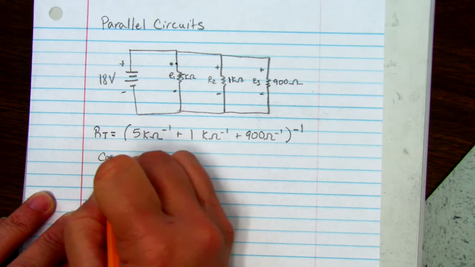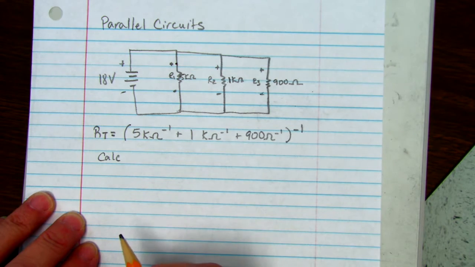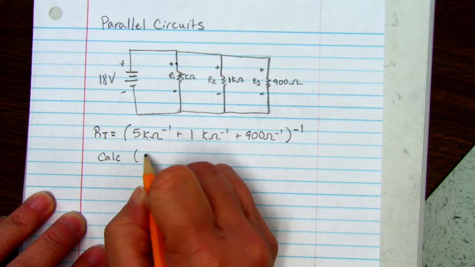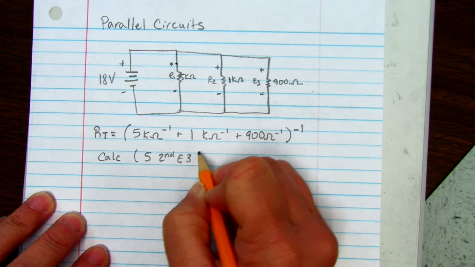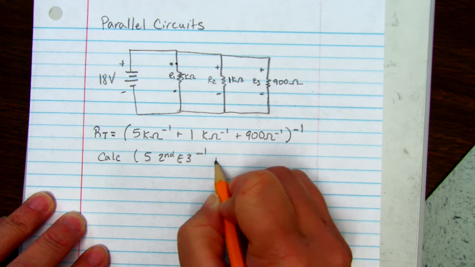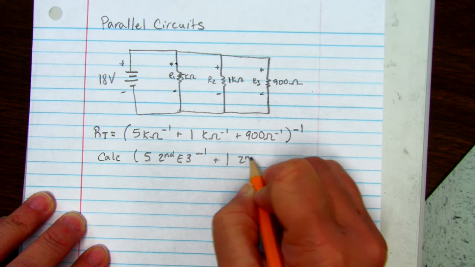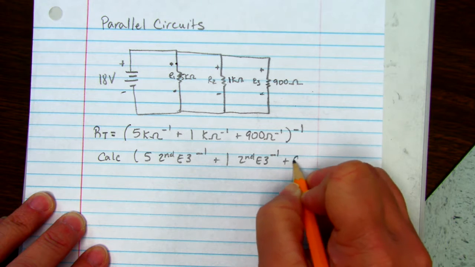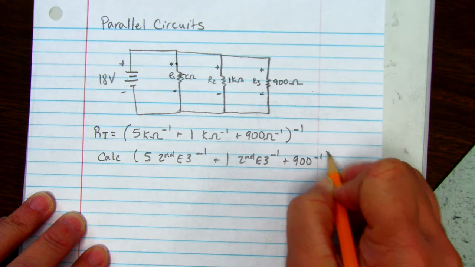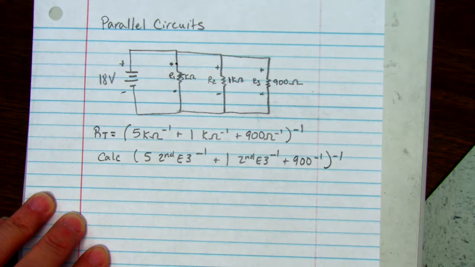To actually put that in the calculator, for those of you who are learning the engineering notation, you're going to put in 5 second E3 inverse plus 1 second E3 inverse plus 900 inverse, and then inverse it again.